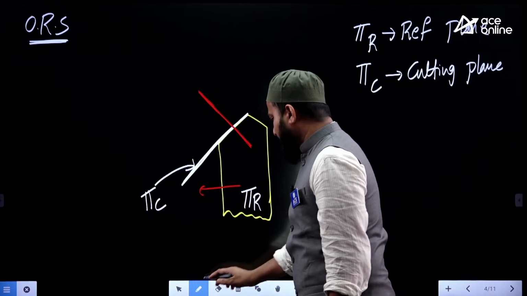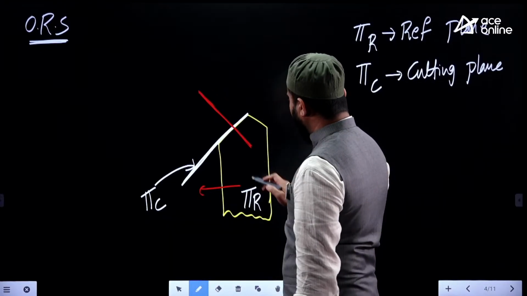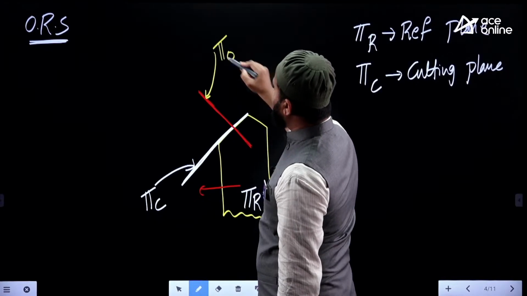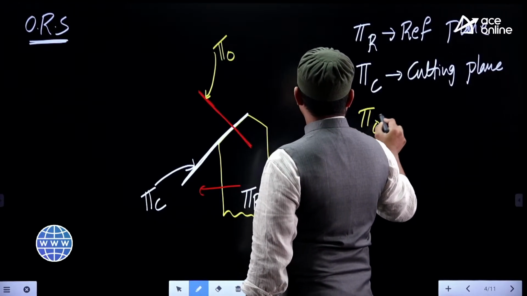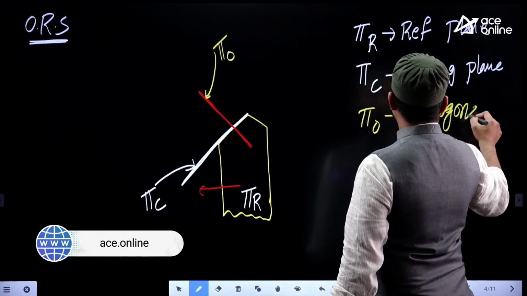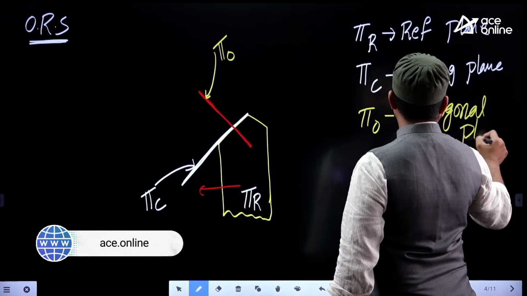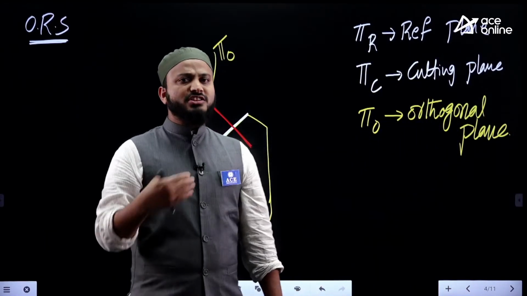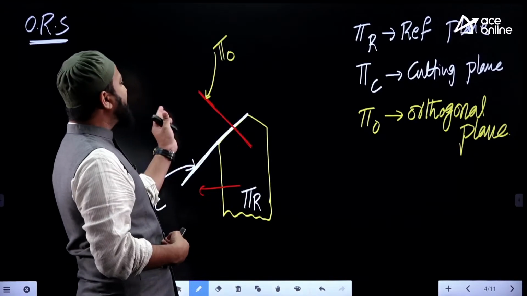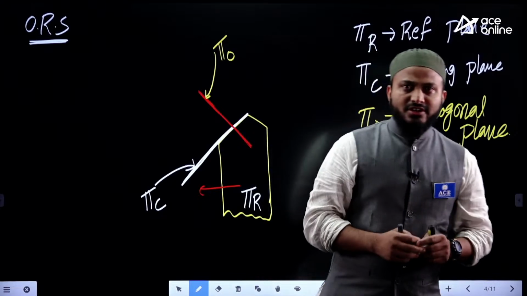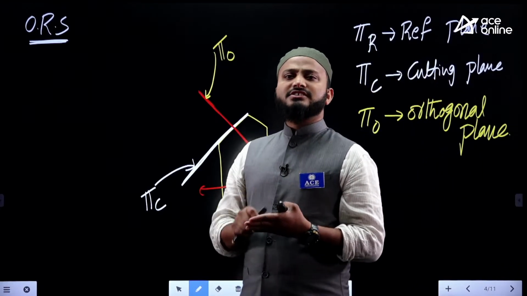And that plane, which is perpendicular to both previous planes, is called the orthogonal plane, phi naught. The projection of the tool on the orthogonal plane along the workpiece will help us get two-dimensional machining. It means we can make the analysis on the plane of paper.